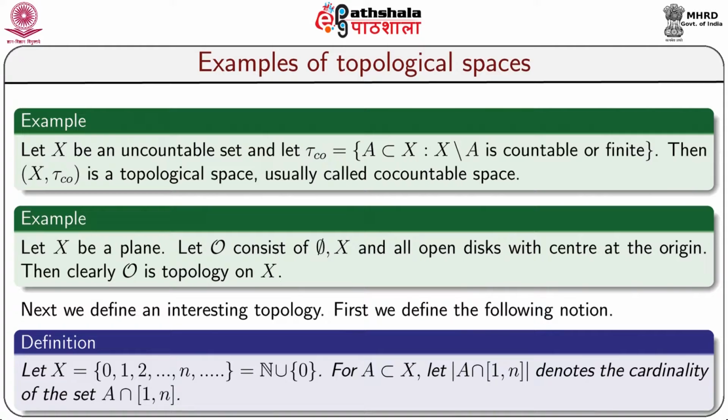Before that, we define the following notion. Let X be the set of all non-negative integers, that means 0, 1, 2, and so on. For a subset A of X, let us consider the cardinality of A intersection {1, ..., n} as this.